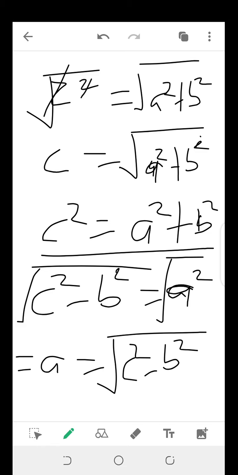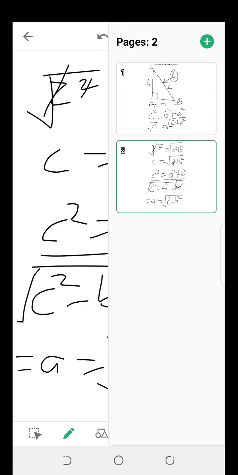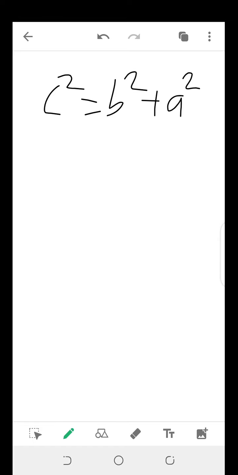The same way, if you want to find A, use the same formula. Say C squared is now equal to B squared plus A squared. Don't worry about A squared plus B squared or B squared plus A squared, because addition is commutative.